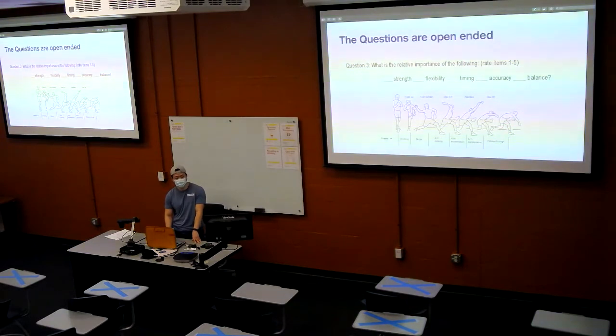So for question 3, what's the relative importance of the 5 items? So we know strength is related to the maximum velocity, right? And how about flexibility? How does it affect the throwing mechanics? Is that important in throwing? I guess so, because for the first part, you gotta take a big step to generate a forward velocity of your trunk or your pelvis.